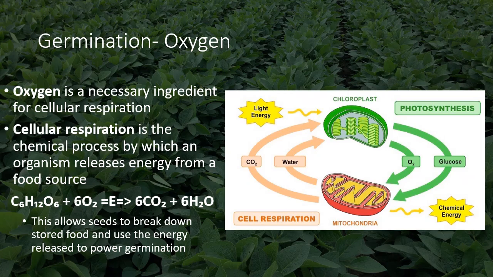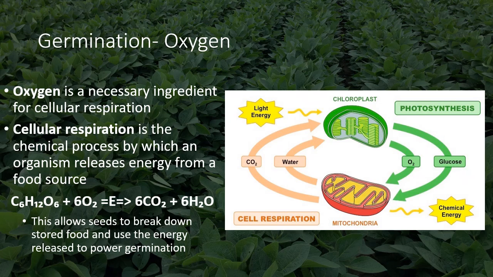Oxygen is also necessary for the germination process because it's a necessary ingredient for cellular respiration. If we consult this diagram, we can see that photosynthesis is the reverse reaction of cellular respiration. In photosynthesis, we're capturing carbon dioxide from the atmosphere and we are hydrating that carbon using water from the soil to create a carbohydrate sugar, right?